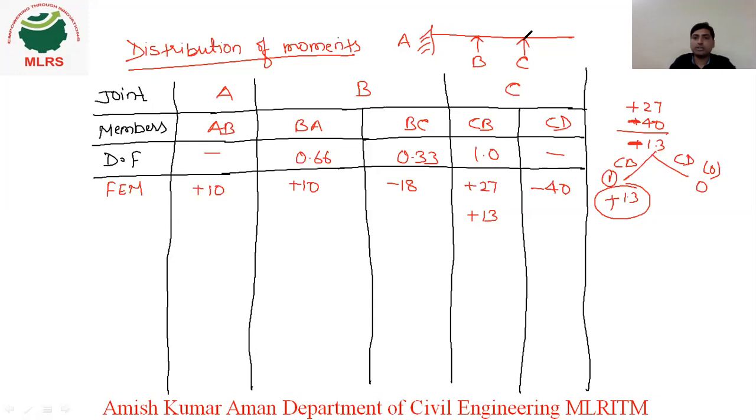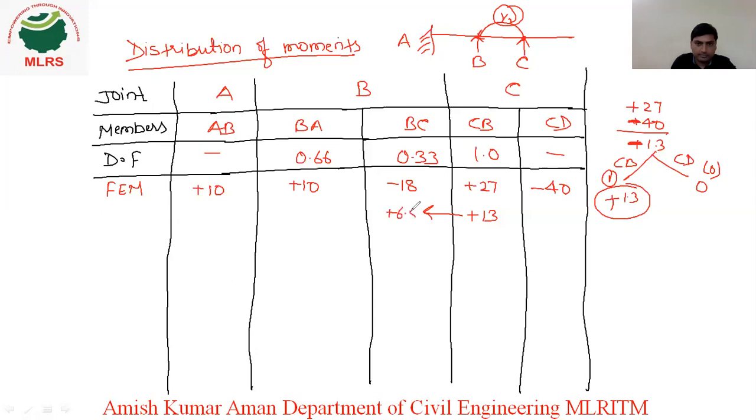If you sit here and see the far end, this far end is continuous. It means half of the moment will be transferred as a carryover moment. So half of this moment will be transferred to BC.